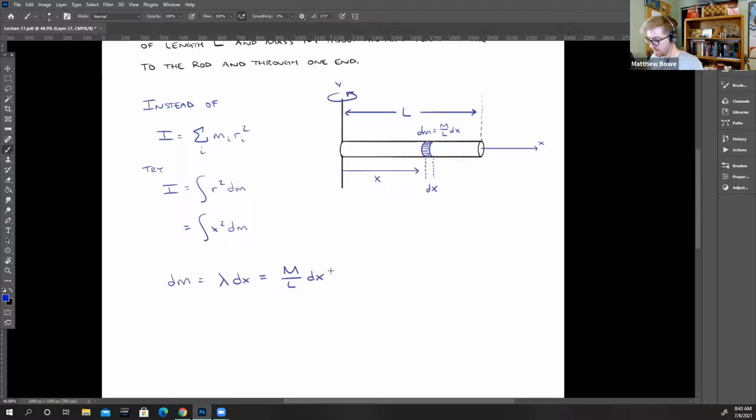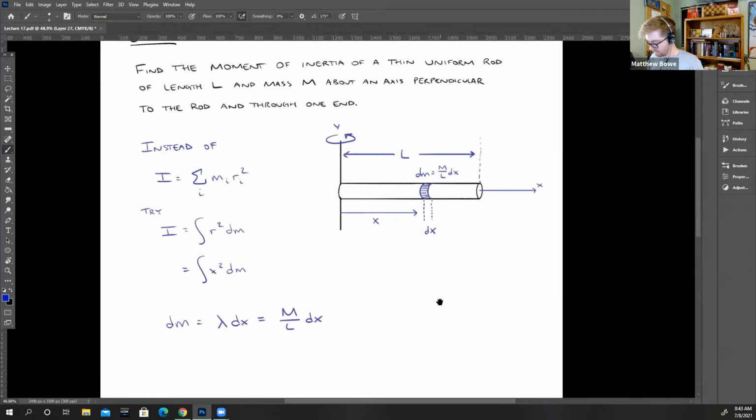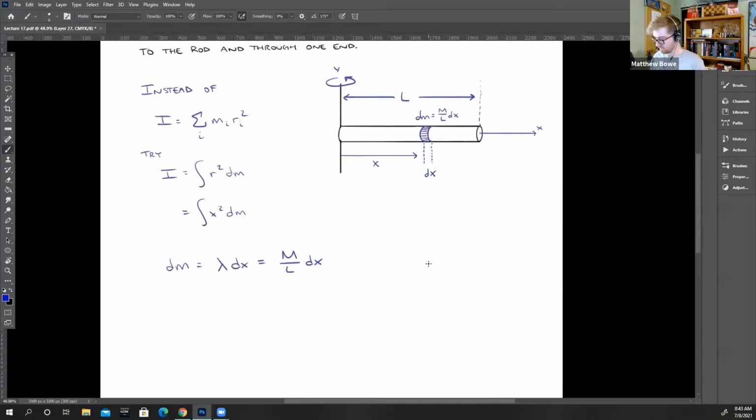All right, so let's put all that we've got. We've only got this new piece. Let's put that in the equation above. x squared dm, and that is x squared lambda dx.